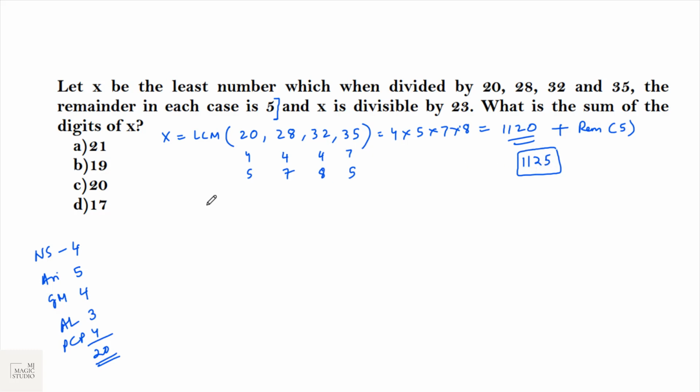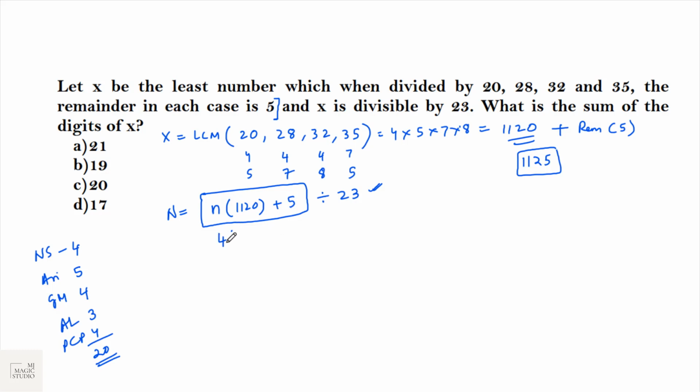That means the number which we are looking for is n times 1120 plus 5, and this number is divisible by 23. We are looking for such n, so that after adding 5, it is divisible by 23.